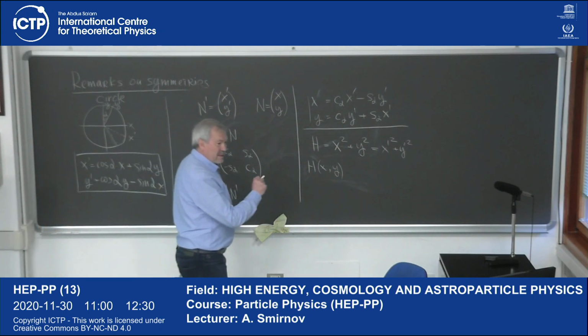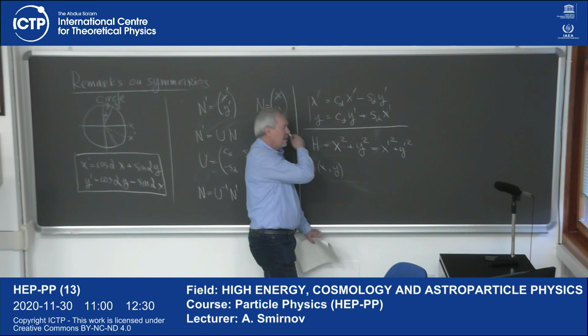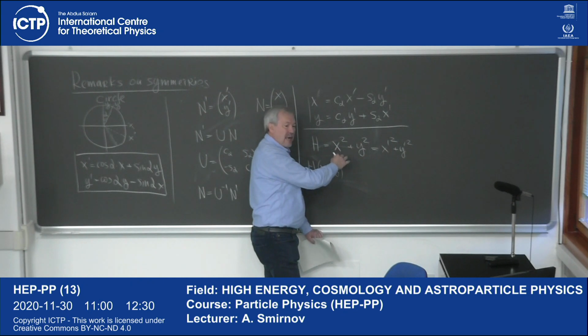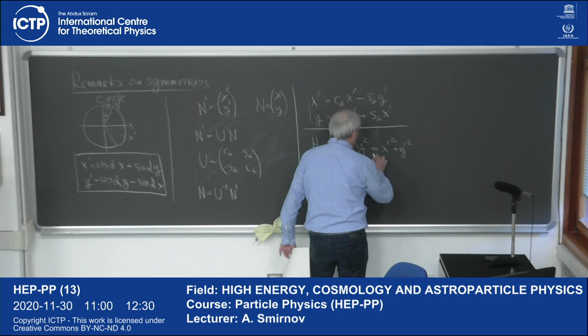So, this is invariance, which means that our function, our Hamiltonian, or the equation for the circle, has the same form in the old initial variables and in the new variables. And this is invariance.